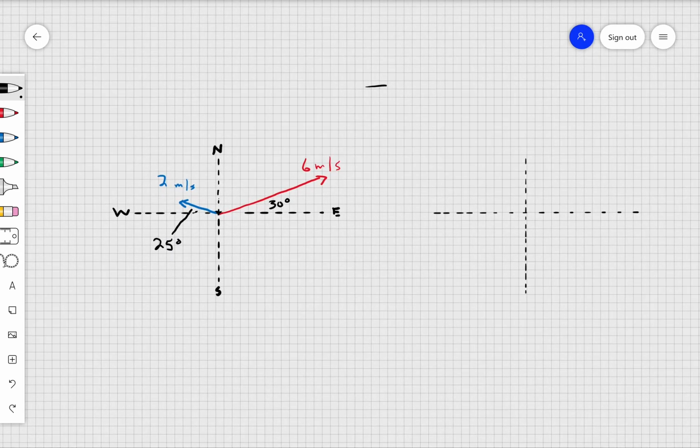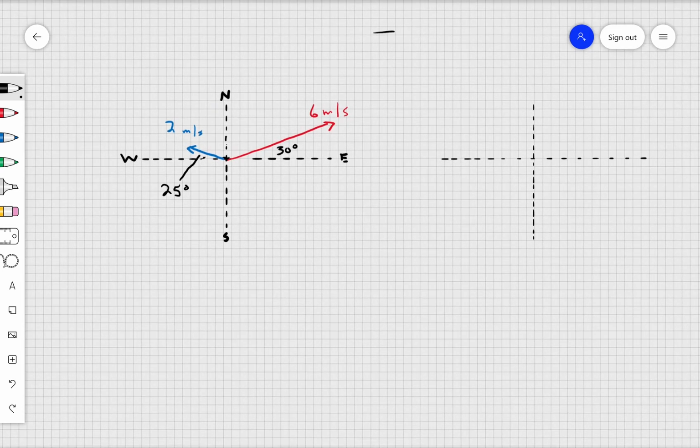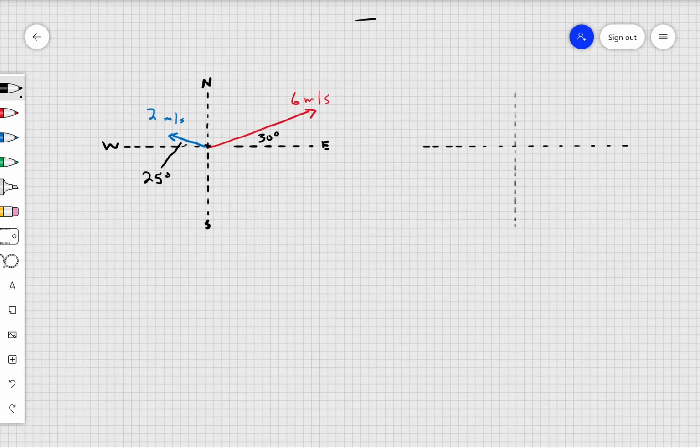So here I've taken the same situation, I just didn't draw the little boat in here this time. And imagine a boat at the origin, and this time the engines are propelling it at 6 meters per second north of east. And let's call that one vector 1.